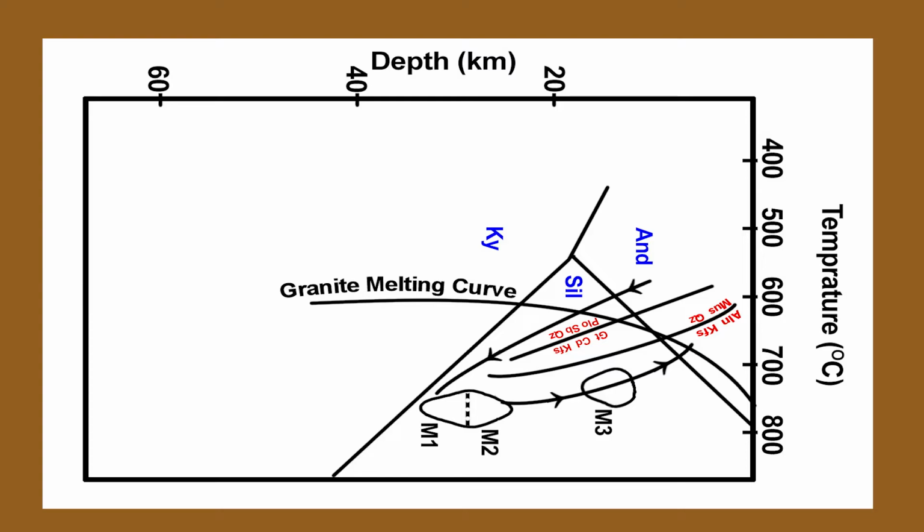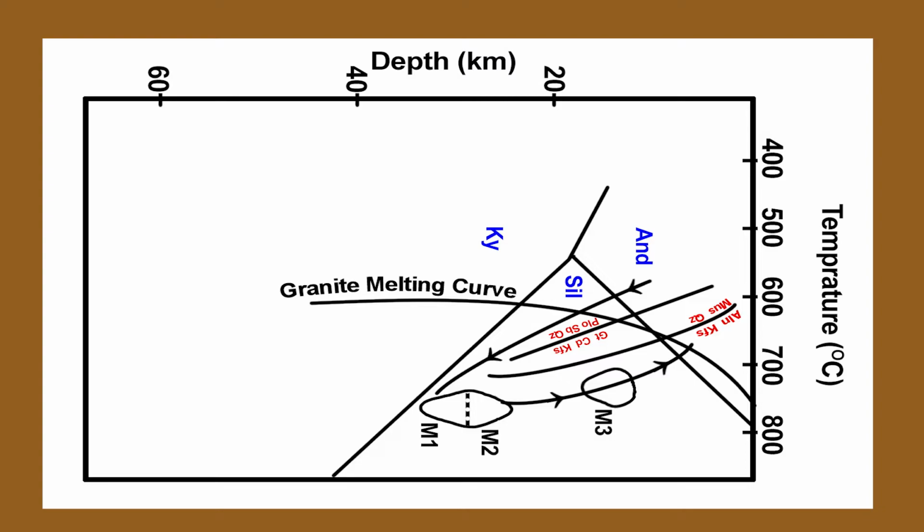The path of this rock in PT space is shown by the arrow which passes from the andalusite field to the sillimanite field at the same pressure above the triple point. See figure 4 on the screen.